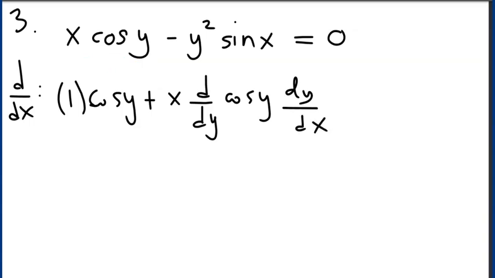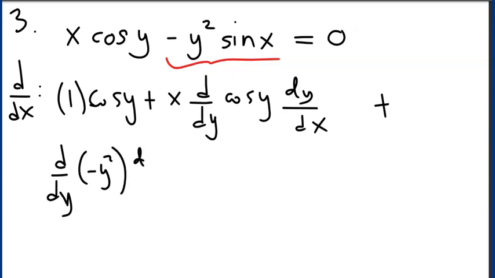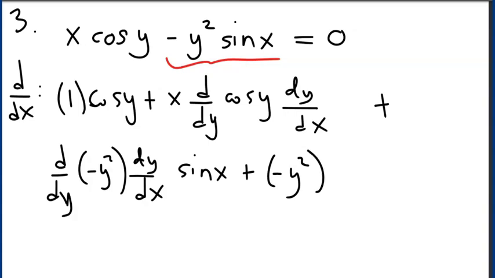Now I do the same thing to the second term, and that's going to be plus d/dy of minus y squared, dy/dx, times sine x, plus minus y squared, differentiating sine x with respect to x, you get cosine x, equals 0.